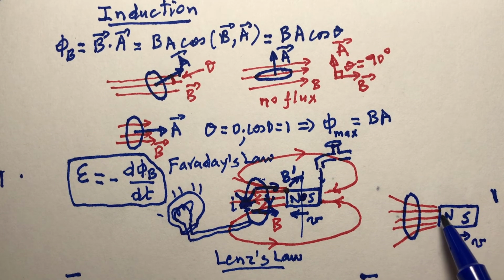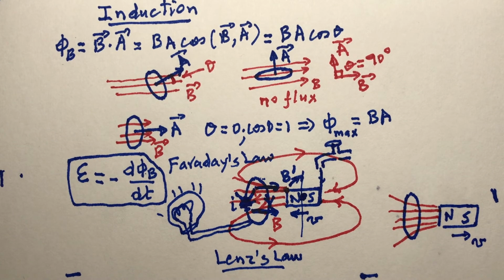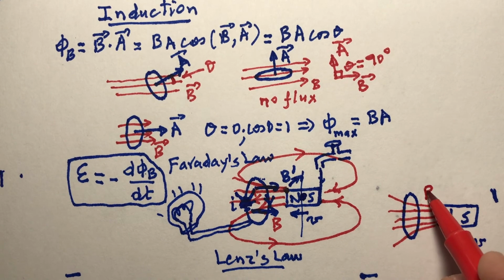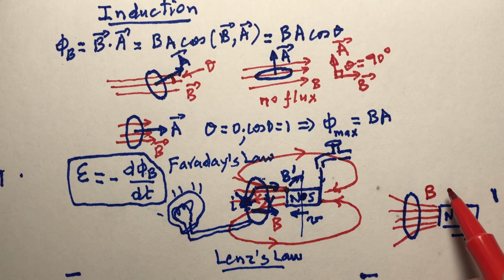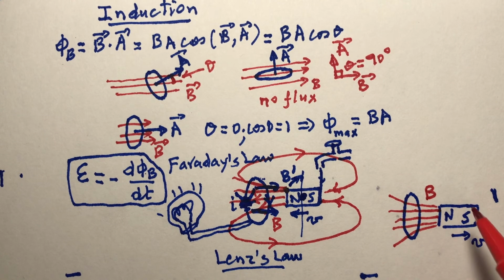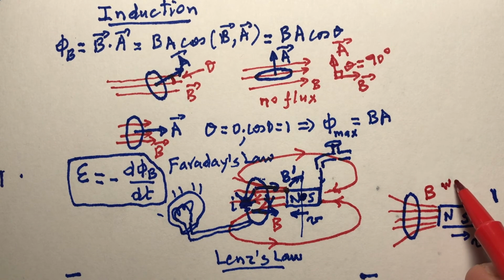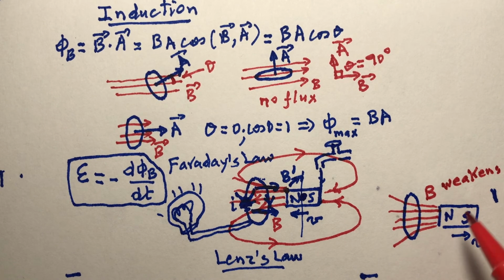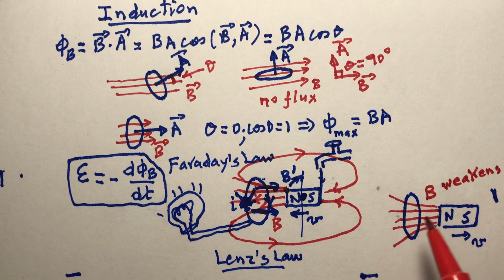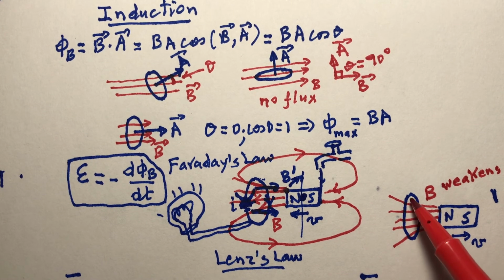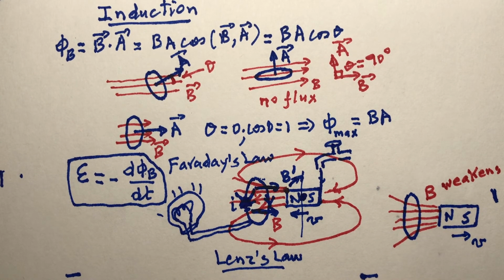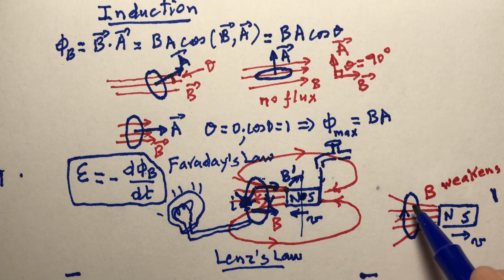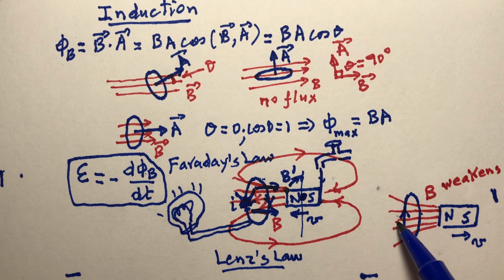So if I move to the right, this B field, the red B field, will be weak. I'm moving, so it's going to weaken. Now, what's going to happen? In the loop, you're going to generate a current, and that current is going to go up here. This is the outside, that's inside.